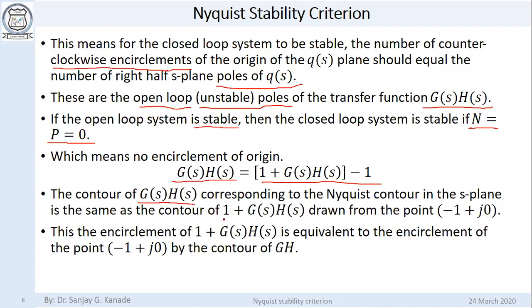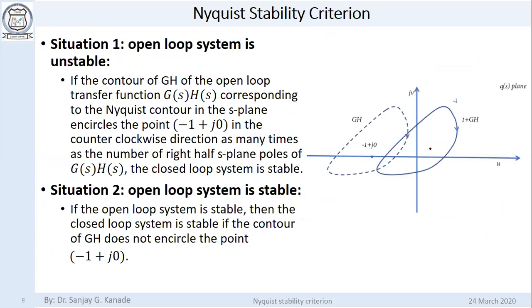It will be the same as 1 plus G(s)H(s) drawn from the minus 1 plus j0, like here. This is the 1 plus G(s)H(s) contour, and if I take 1 plus G(s)H(s) minus 1, meaning only G(s), then that encirclement will be of the point minus 1 j0.